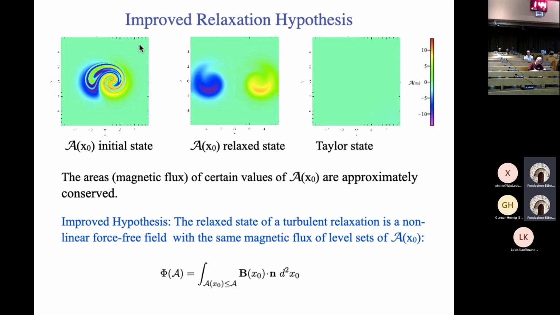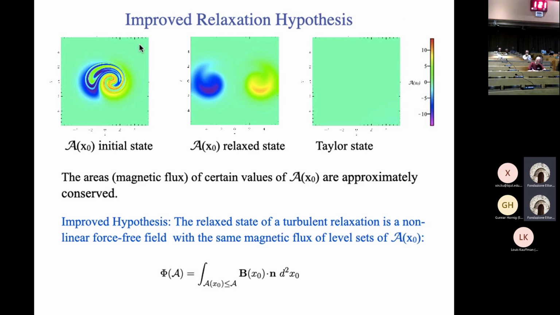And a first improvement would be to consider the areas for which the field line helicity has certain values. So a function like this one here, phi of A, which integrates all the flux for a given value of a field line helicity.